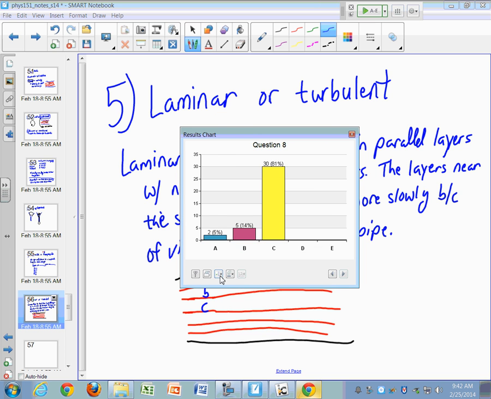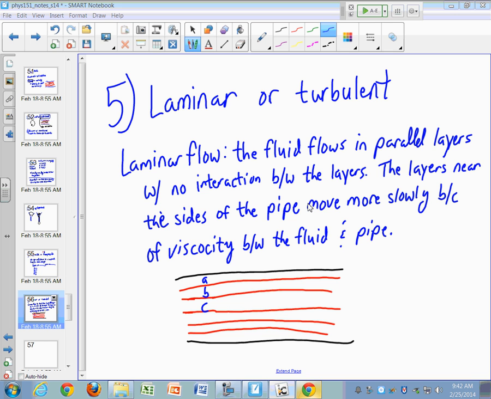Okay, C is right. So it travels the fastest in C. A is the slowest because it's sort of sticking to the sides of the pipe. There's friction between the fluid and the sides of the pipe. And C is the fastest, like out in the middle of the river. The middle part of the river is always the fastest.